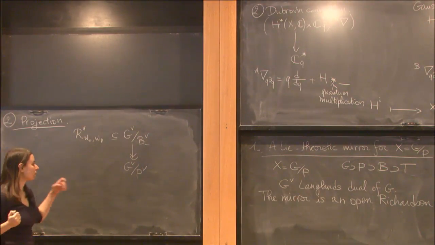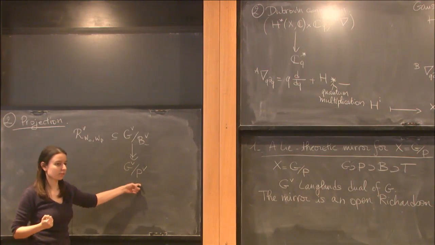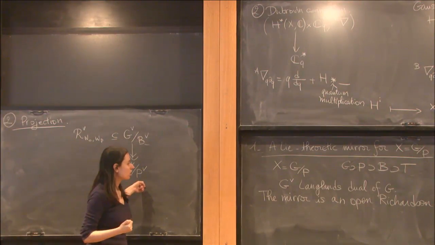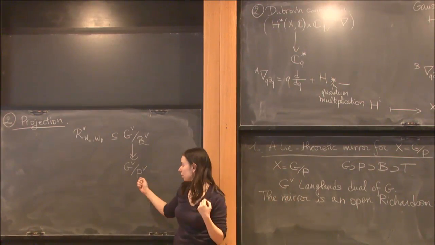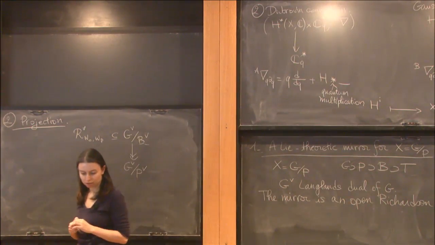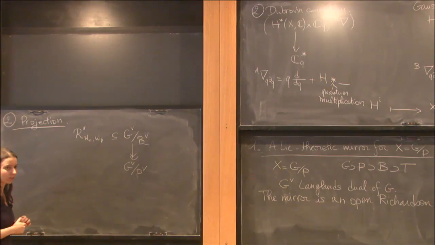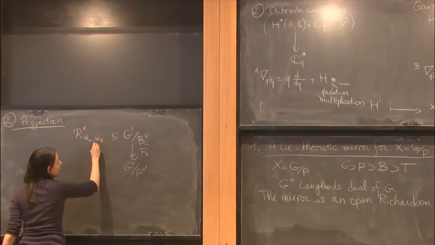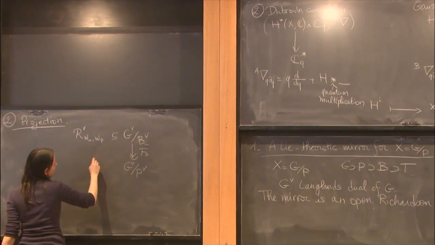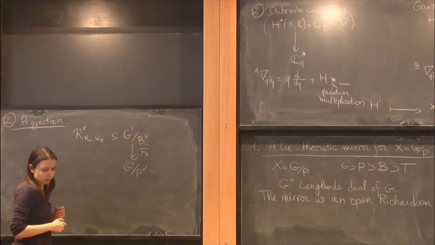So basically, P check, that's defined. If I have some series of weights defining P, I take the dual weights, and that defines P check. We'll see concretely what that means. And so I have F_P here, and I will just project that here.